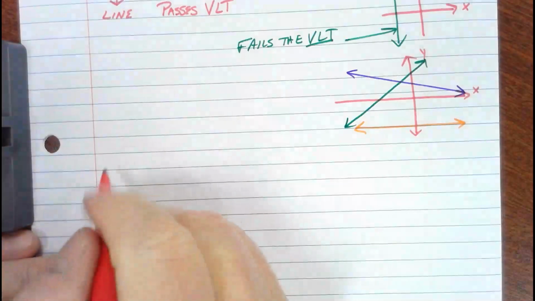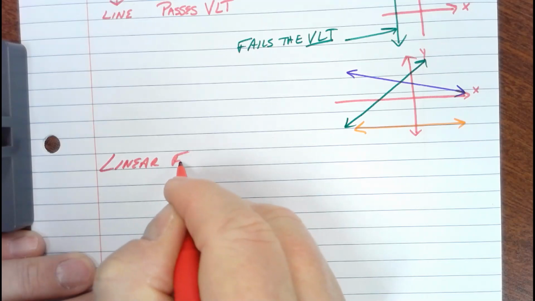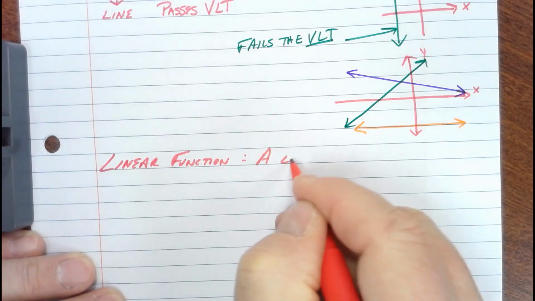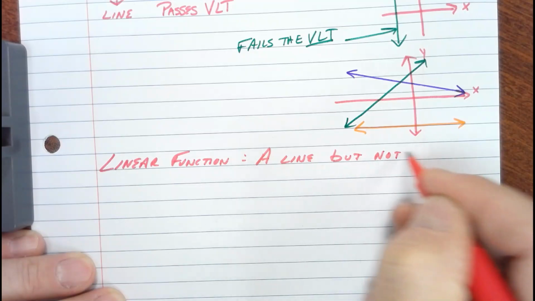So, starting again, a linear function is a line but not vertical.